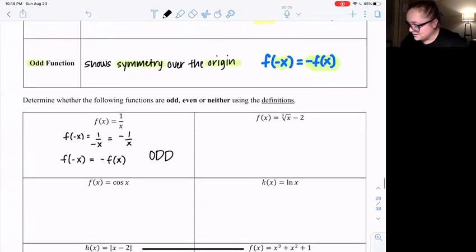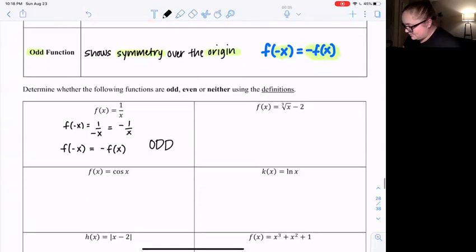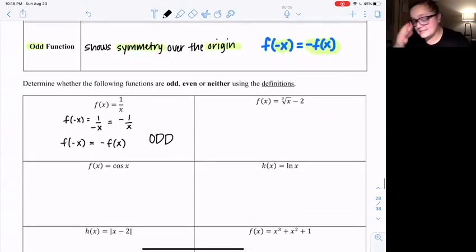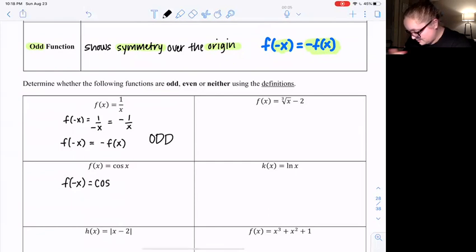Okay. Now let's look at f of x is equal to cosine of x. So when I have f of negative x is equal to cosine of negative x?